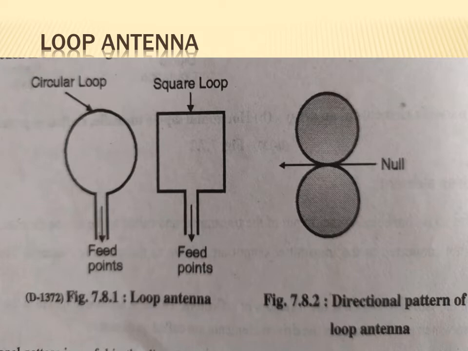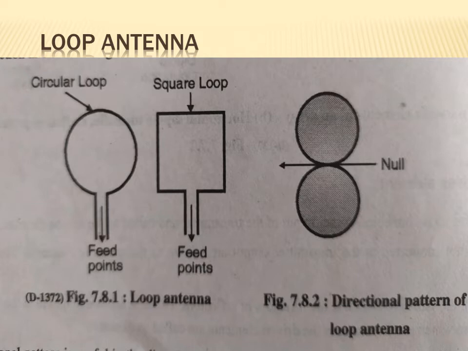When current flows through the loop, a magnetic field is generated around it. The magnetic field is perpendicular to the loop. The circular and square loop antennas are as shown in the figure.